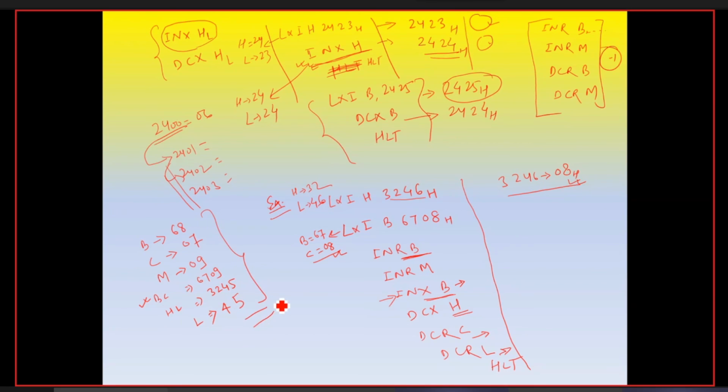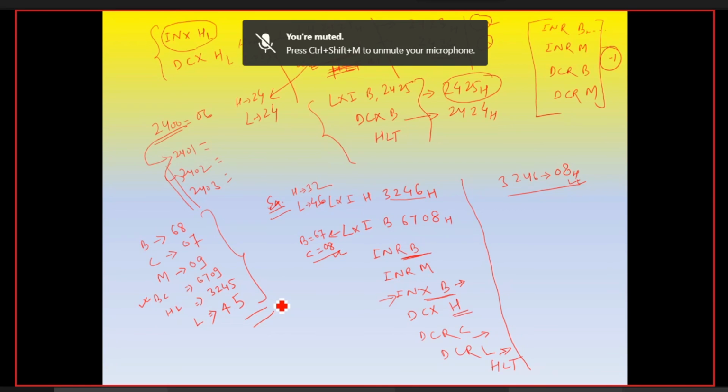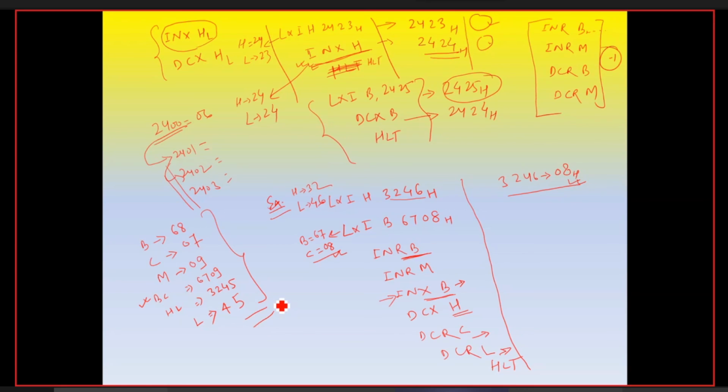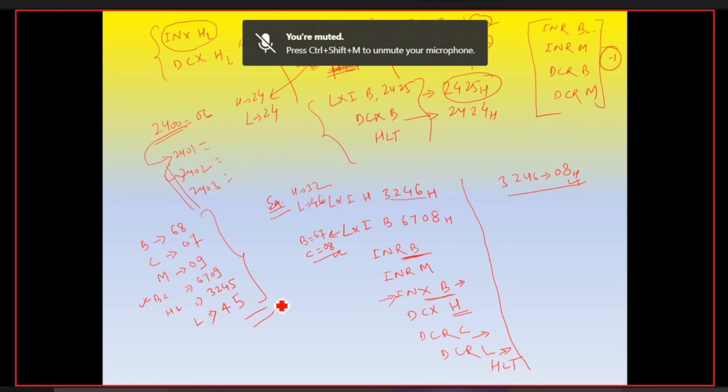This is the answer. Try to do it by yourself and verify the answer. If there is any confusion, feel free to ask. All of you, try to do this.